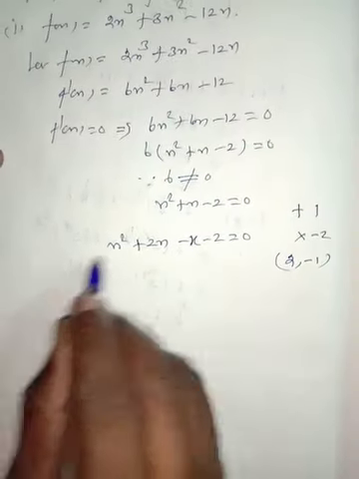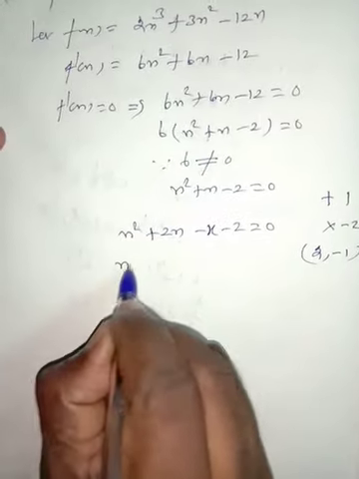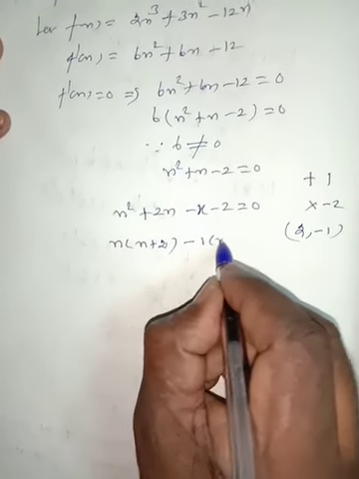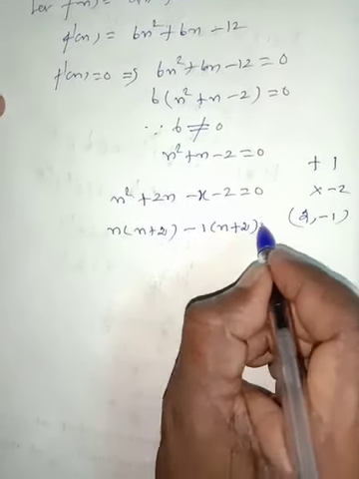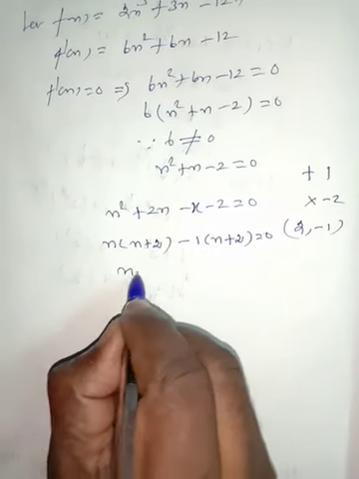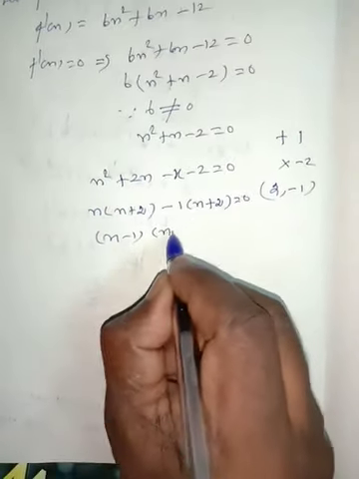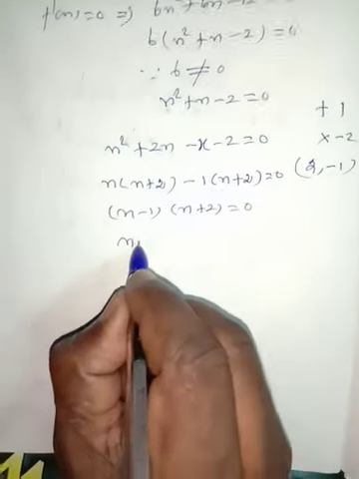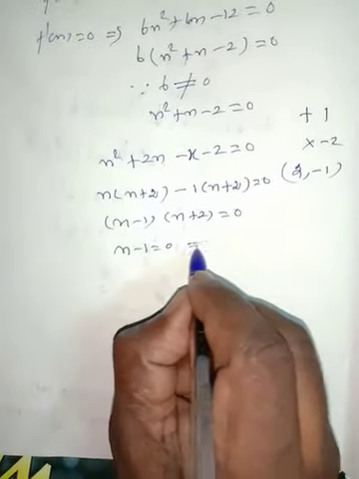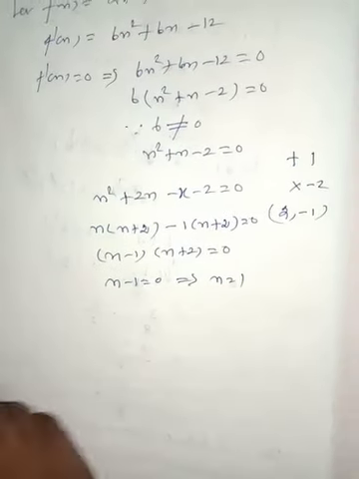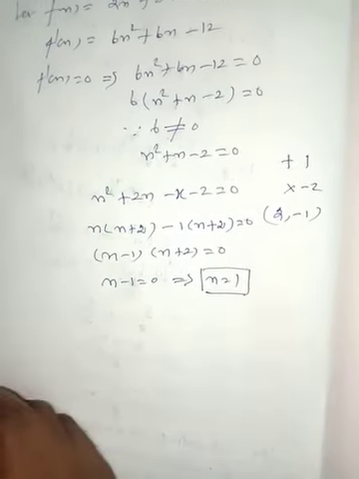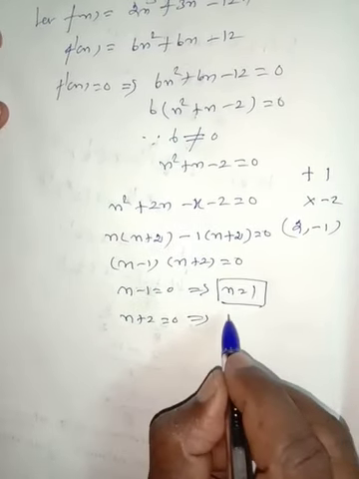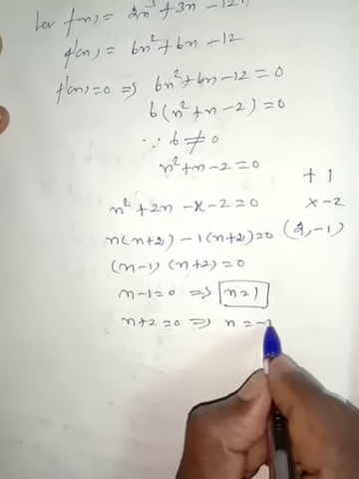Take first two terms, x is common. x into (x plus 2) minus 1 into (x plus 2) is equal to 0. (x minus 1) into (x plus 2) is equal to 0. x minus 1 is equal to 0 implies x is equal to 1. x plus 2 is equal to 0 implies x is equal to minus 2.